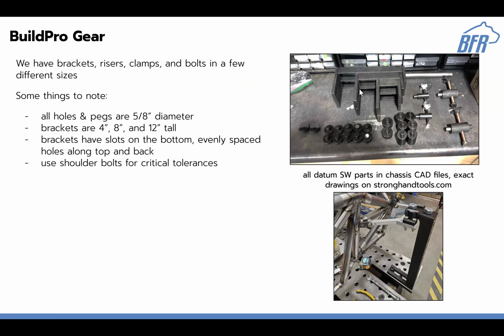So this is the Build Pro gear that was mentioned. We have a bunch of different brackets, bolts, and risers that can constrain your components. If you look at the chassis jig assembly, you'll see this later down the line, especially in winter. The chassis is mounted on a lot of these different risers that are constraining it in different ways, reducing all of its degrees of freedom, as we said. So it's not able to rotate. It's not able to translate anywhere in any direction.